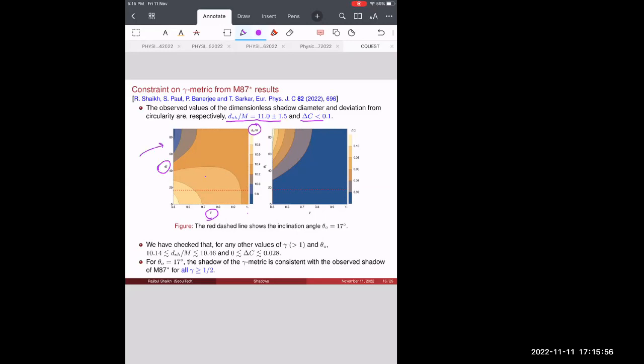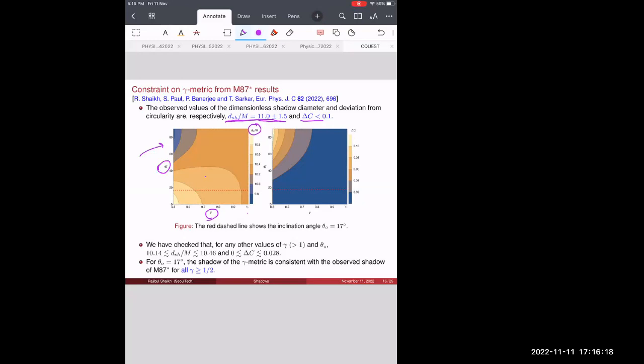In order for the shadow of the gamma metric to be consistent with the observed shadow, the shadow diameter should be in the range 11 plus minus 1.5, so from 9.5 to 12.5.